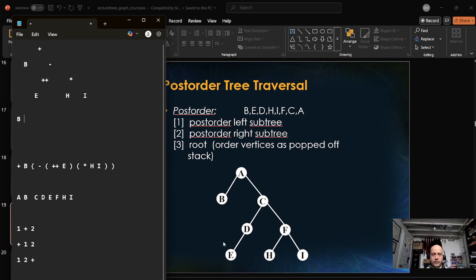And the left subtree here is E and D, okay? And then I'm going to go up in depth from here by connecting through C and go through F and H, and input H, and then I and F afterward, and then C after that, and then A as you see here.